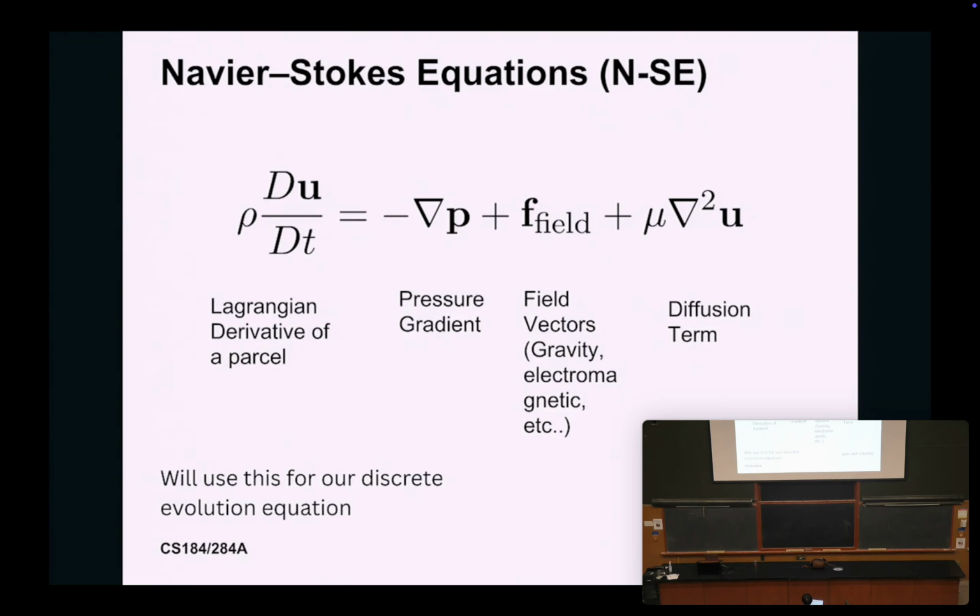So you maybe vaguely see it, but on the left-hand side, you have some measure of mass and acceleration. And then the gradient of P is a force. And then you have external forces. And then you have another sense of force that's from diffusion. This is per unit volume, so we've actually just divided out the volume here.